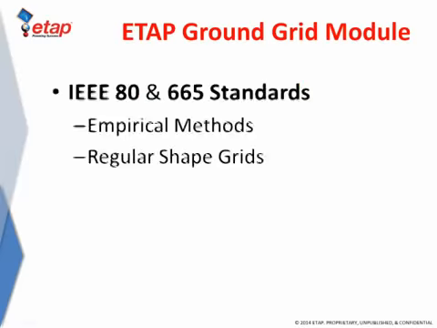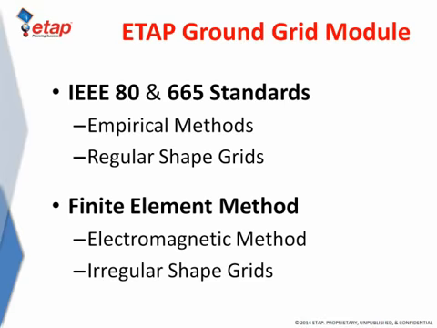For the ground grid studies, ETAP fully employs the empirical methods based on IEEE 80 and 665 standards to model a variety of regular shaped grids. In addition, ETAP uses the finite element technique and the state-of-the-art electromagnetic method for an accurate analysis of any irregular shaped grid model.